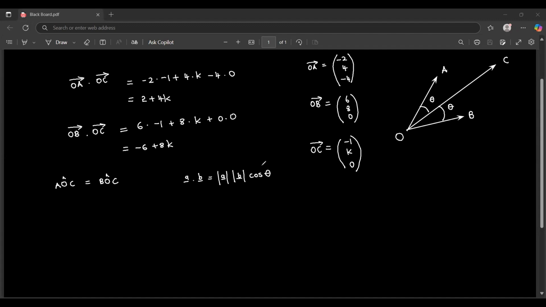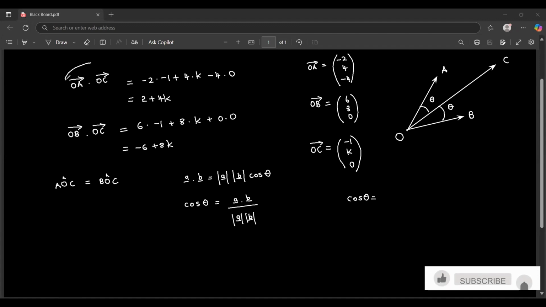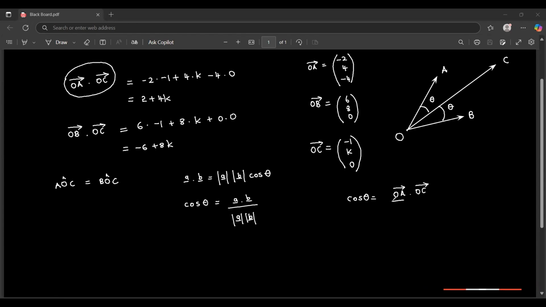Since we are speaking about angles here, cos theta is equal to A dot B over modulus of A into modulus of B. So here I'm going to replace every vector. In the OA and OC case, cos theta is equal to OA dot OC over modulus of OA into modulus of OC.